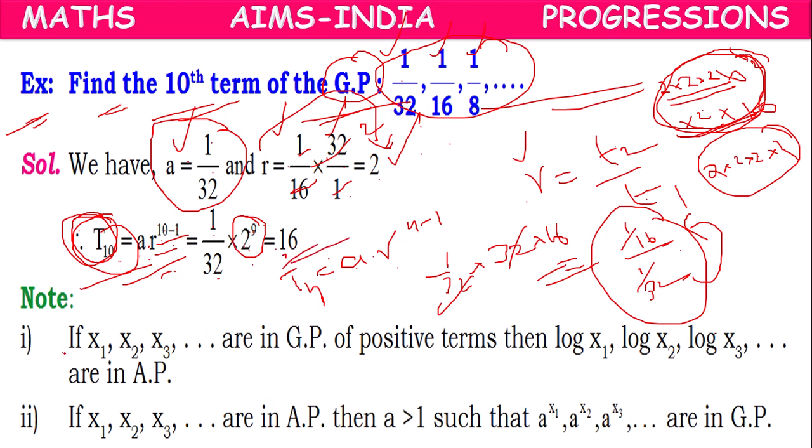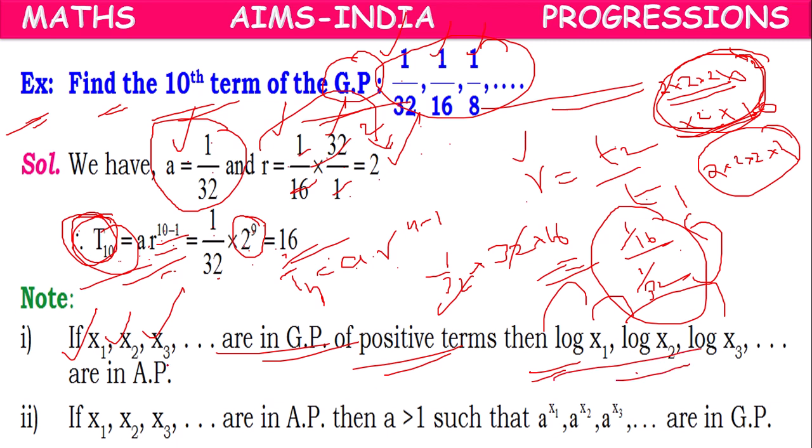Next, if x1, x2, x3 are in GP of positive terms, then if we take logarithms of the terms, log x1, log x2, log x3, the resulting sequence will also be in AP. Regarding this, you can learn later in your higher classes.